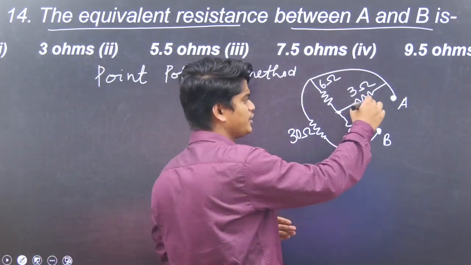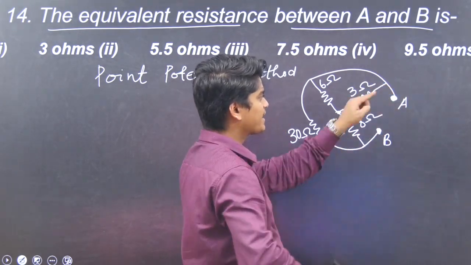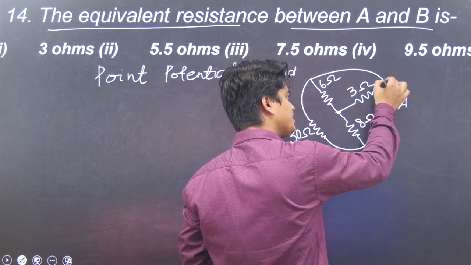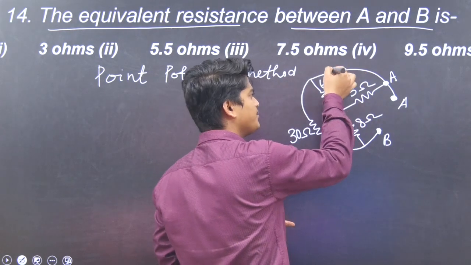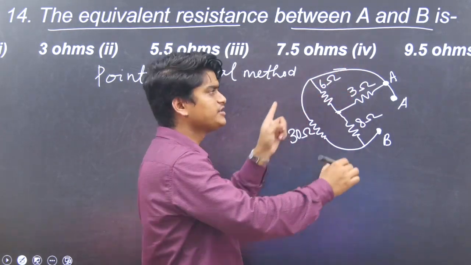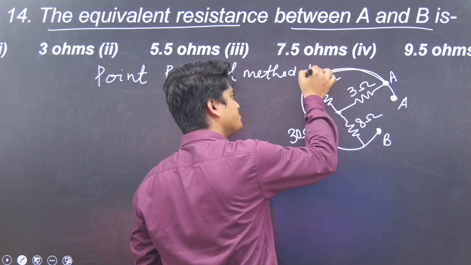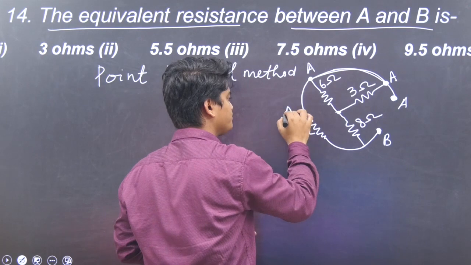What is the point potential method? Here you see this point is A. If it is a wire and no circuit element is coming, then you take this point A to here. This is also A. If no circuit element like a resistor or capacitor is there, it is just a line, like a wire. Now this point you can take to here, and similarly to here also.